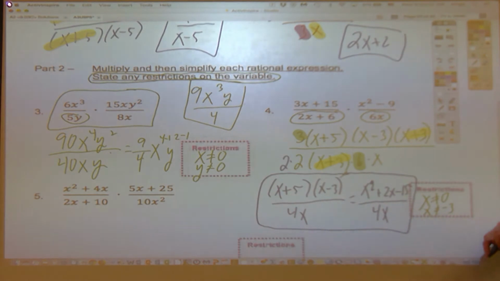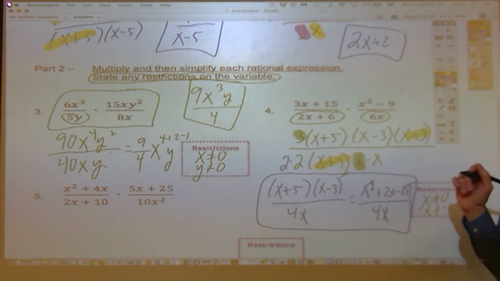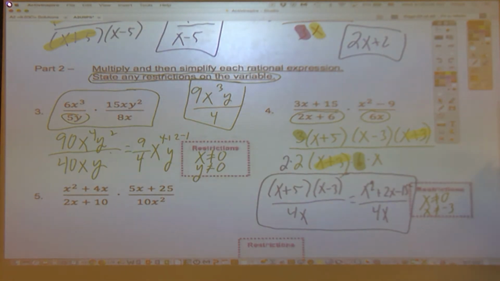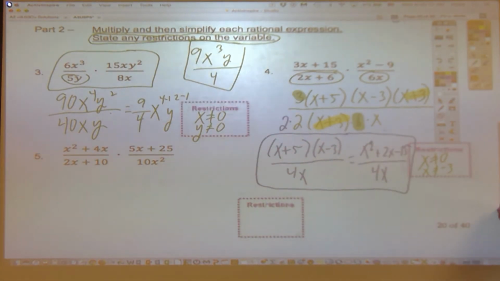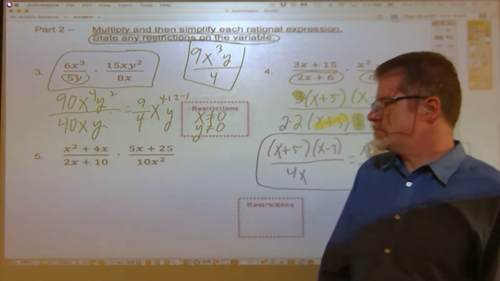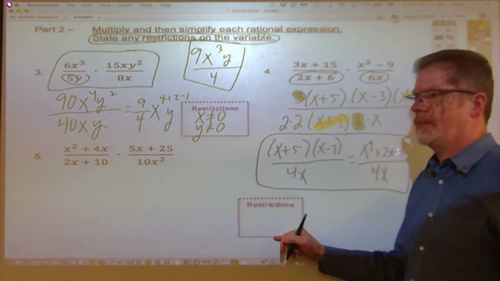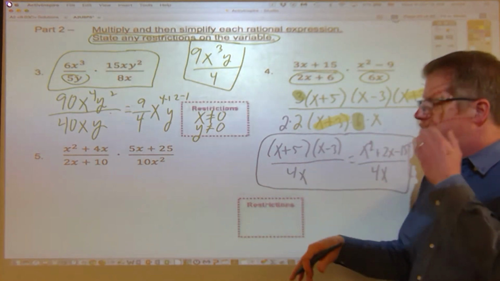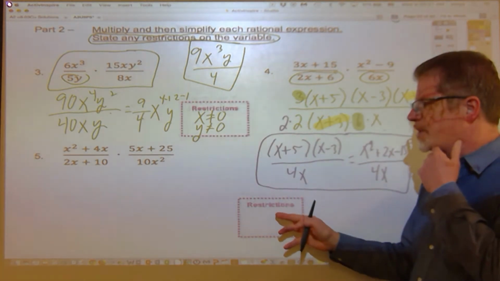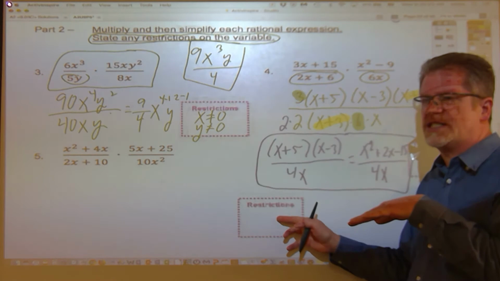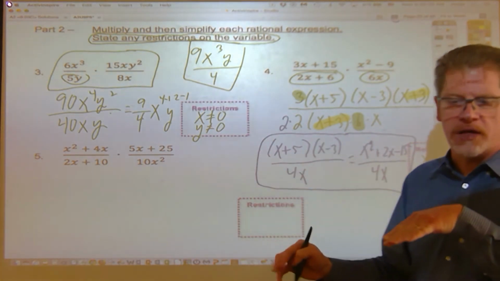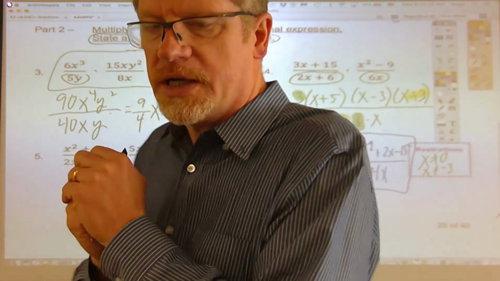Any follow-up questions on number 4? No questions? Okay. Please attempt the restriction box for number 5. If you want to put it in factor form, you can, but try to come up with a complete list of restrictions in problem 5. I'm going to tour the room, see what kind of stuff you come up with.